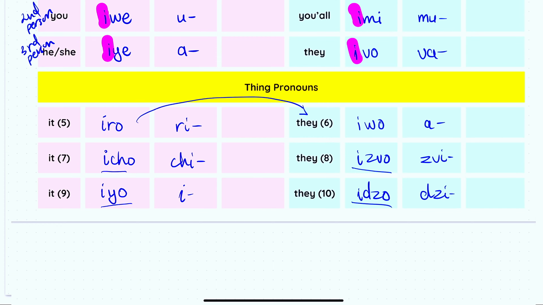Let's take a look at some examples. So if I want to say I eat, I can say ini ndinoja. I, that is my pronoun. Eat is ja. We see the concord ndi at the beginning of our sentence, and then we also see the present tense marker, just to tell us we're eating in the present.